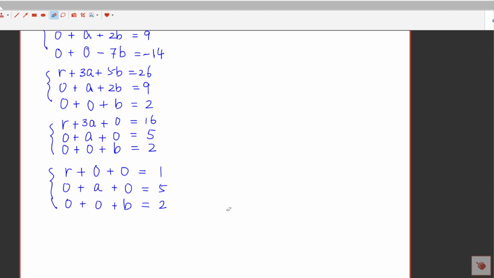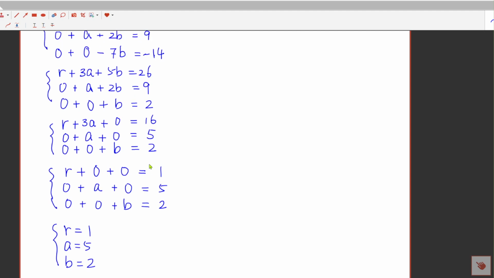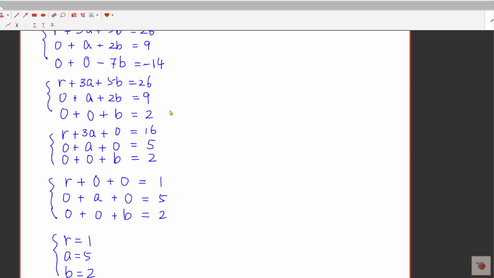So after a series of transformations, we finally have our final solution, which is r equals 1, and a equals 5, and b equals 2. And every transformation is equivalent. Therefore, this solution should be the solution of the original equation. Do you see it? Do you have any questions?